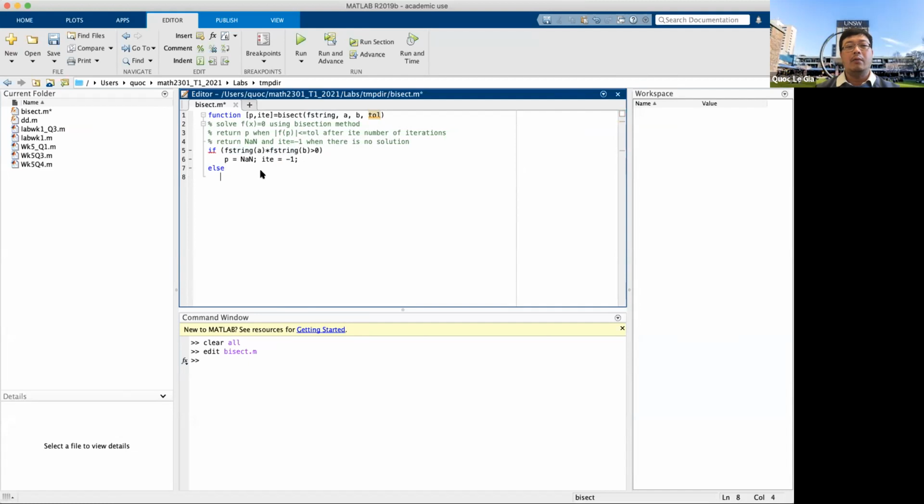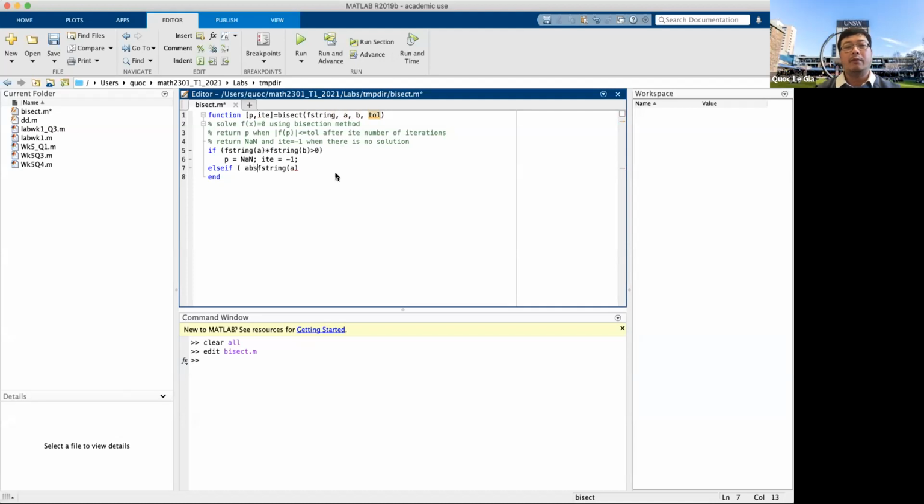Okay, so now what is the next thing we have to check? So remember, suppose a or b is the solution, then we don't have to do anything as well, right? Maybe a first.